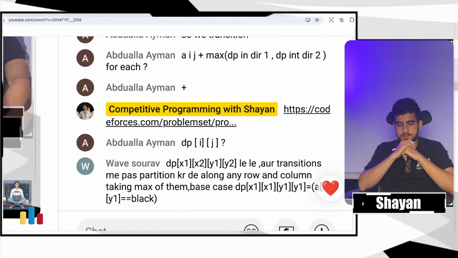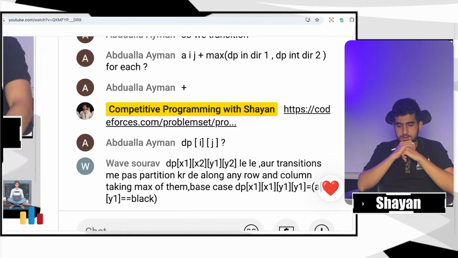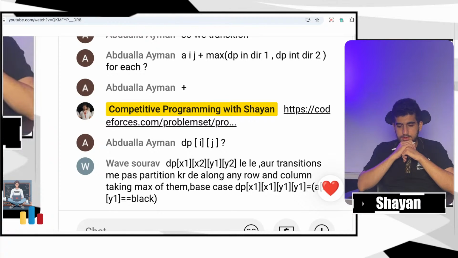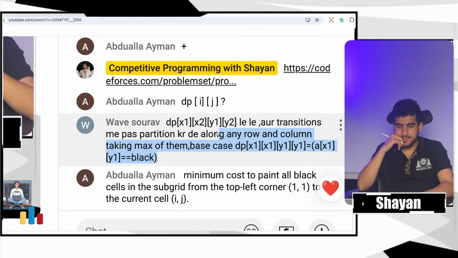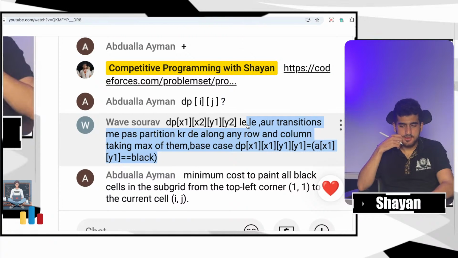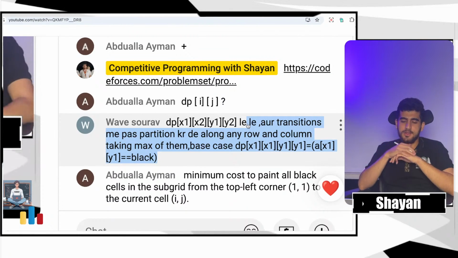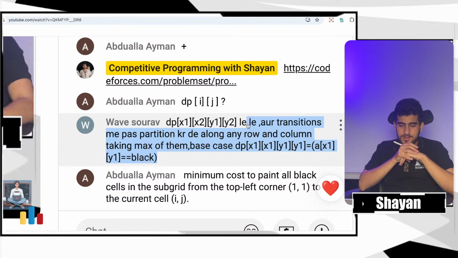That's great, yes. I cannot completely understand which language. Is it Spanish that you're using? Minimum cost to pay. Okay.